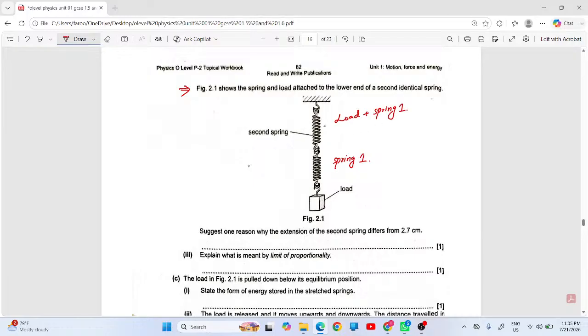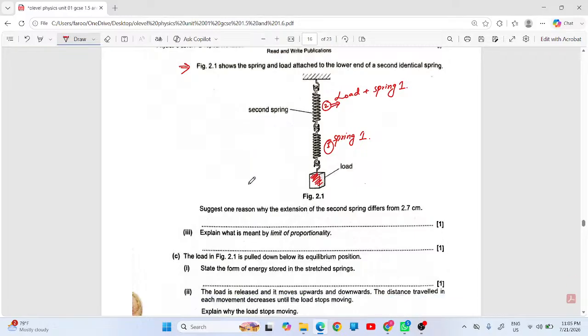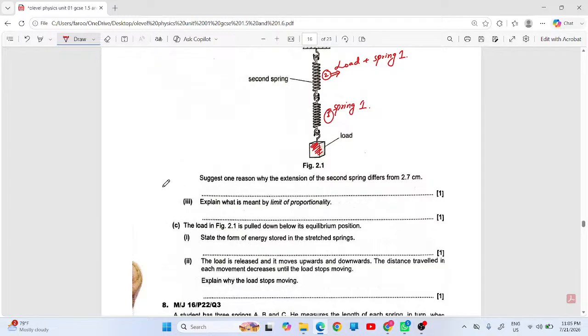हाँ जी। सेकंड स्प्रिंग है ना, इसने दो चीज़ों को कैरी किया। सेकंड स्प्रिंग holds the load plus spring one. Just one reason why the extension differs.